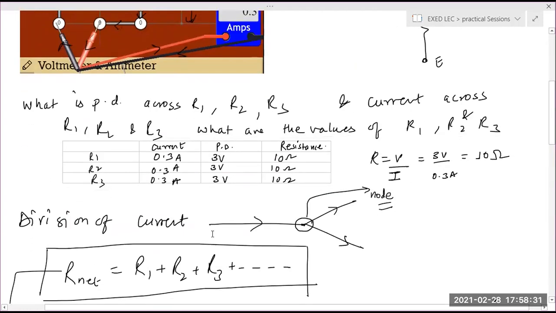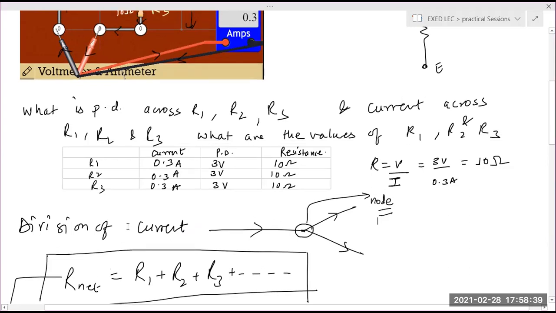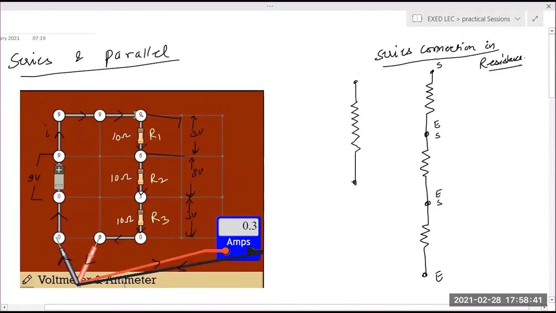Current always divides when one wire is connected to, let's say, two other wires like this. That means the current is going to be the same across every resistor, always 0.3 amperes along R1, R2, and R3.